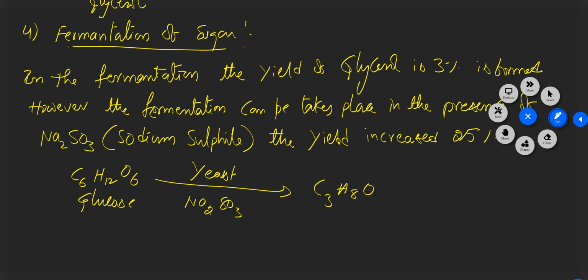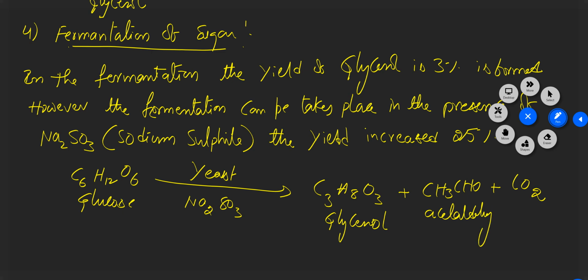That is the glycerol formula, correct? How many carbons are there in glycerol? 1, 2, 3 carbons. How many hydrogens? 8. Oxygens are 3. Glycerol will be formed, and also acetaldehyde plus carbon dioxide. So these three products are formed in the presence of sodium sulfite in the glucose fermentation process.